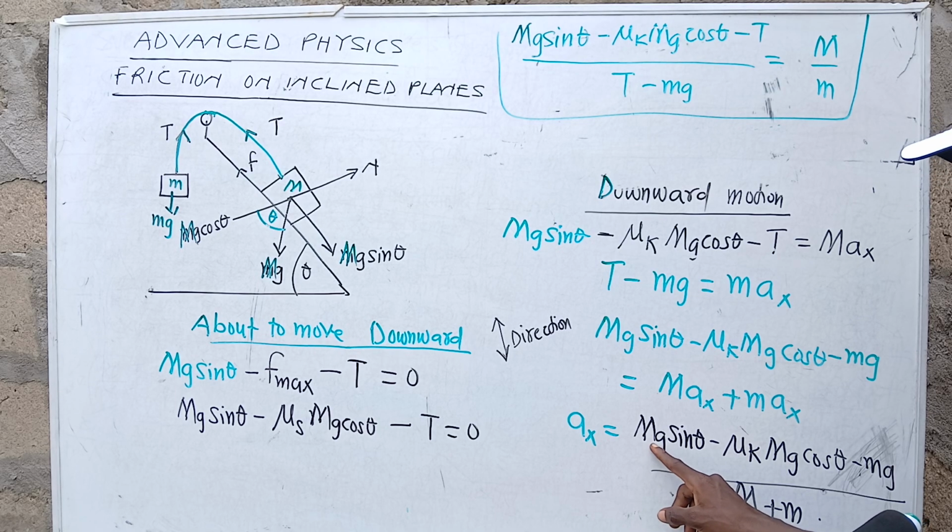So that will be capital Mg minus small mg divided by capital M plus small m. So then you're going to have capital M minus small m divided by capital M plus small m, times g.